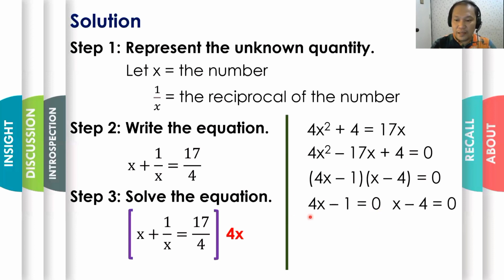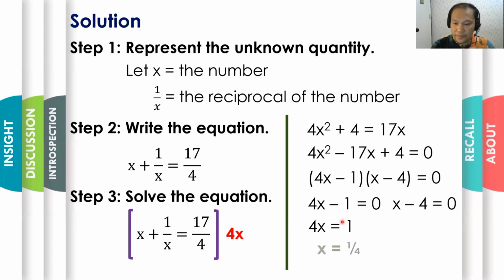Then we have to find the value of our x. First, we have 4x minus 1 is equal to 0. Then 4x is equal to 1, meaning the negative 1 was transposed to the right side of our equation.